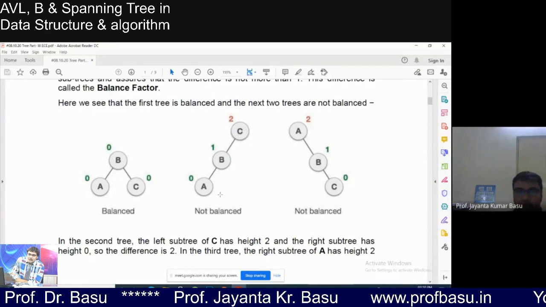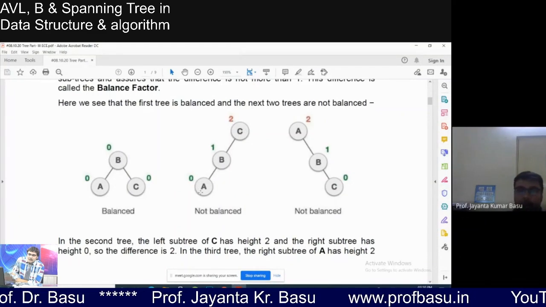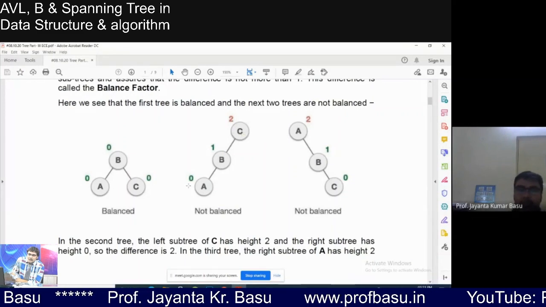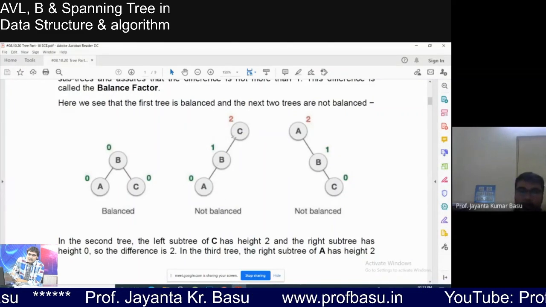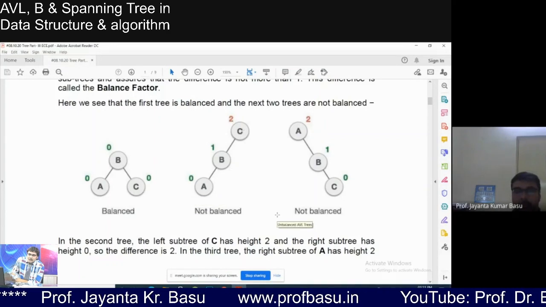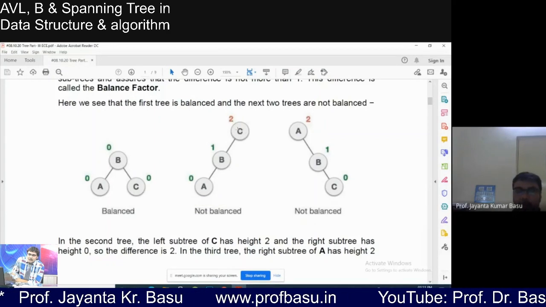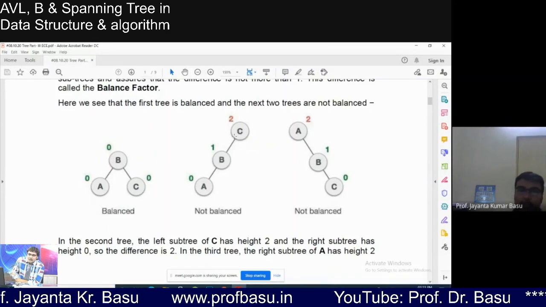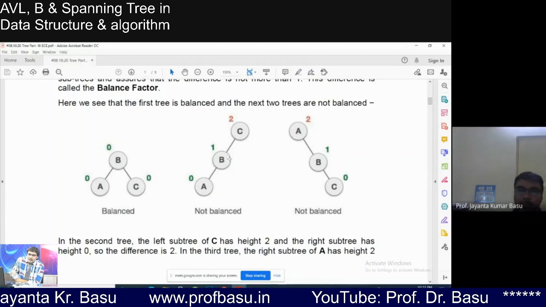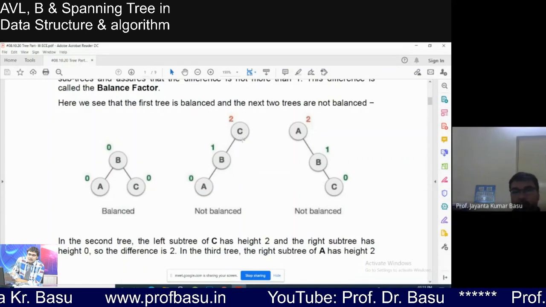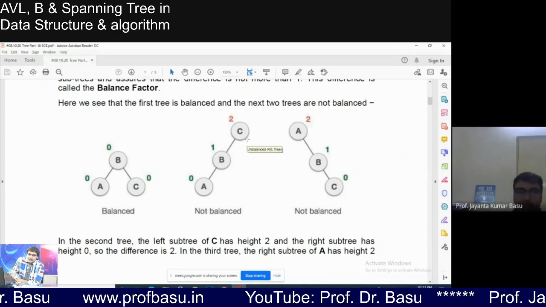So if we apply a rule that balance factor means the level of the left subtree minus the level of the right subtree, we will get for this C node 2, because the level of the left subtree is 2, first level, second level, and the level of the right subtree is 0, right? Are you getting?